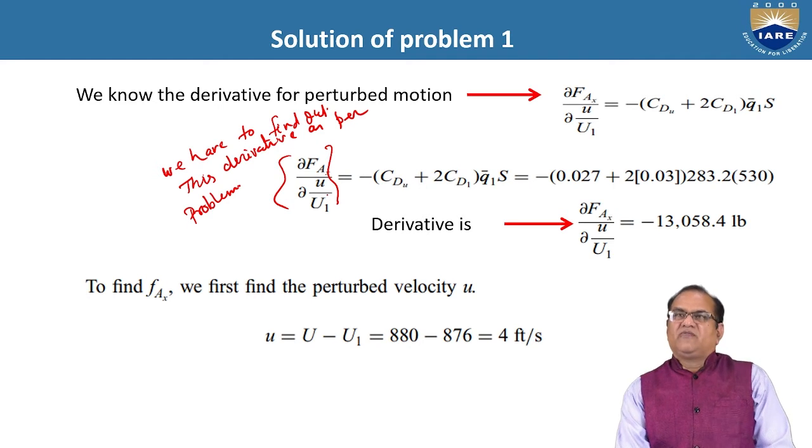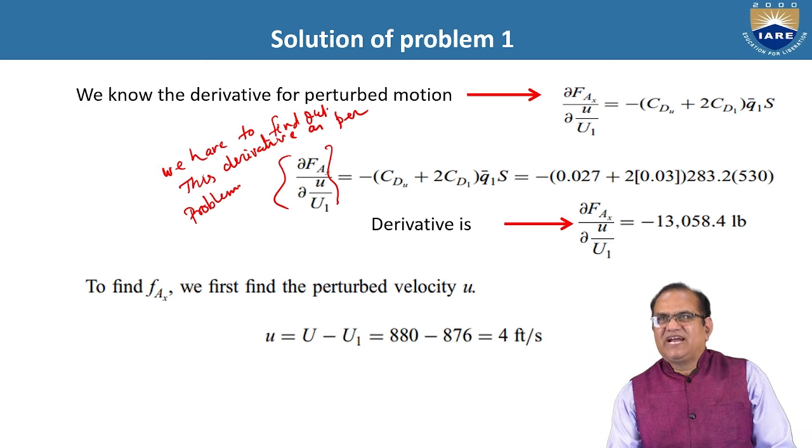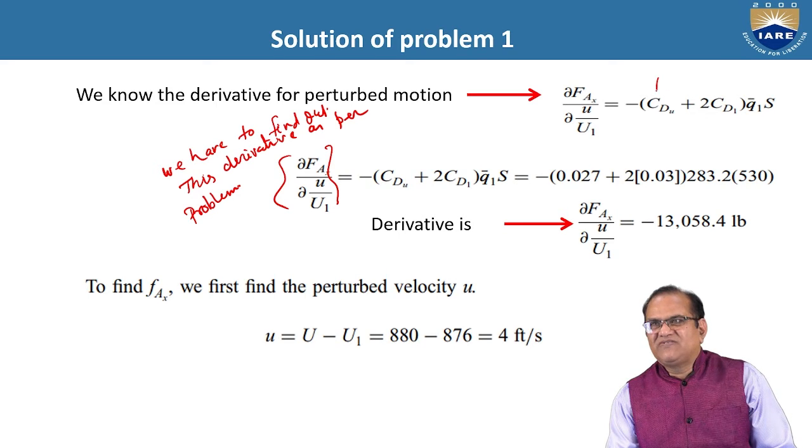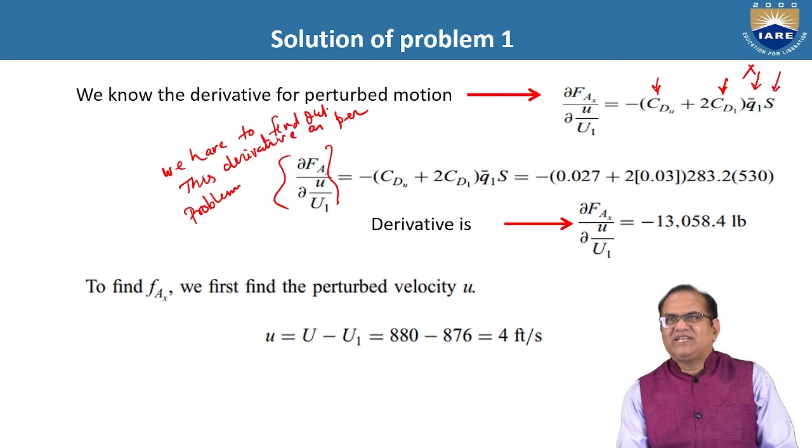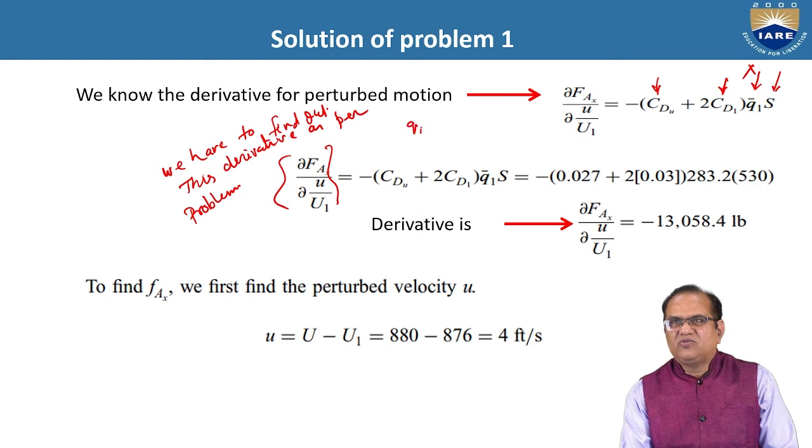So we know from this equation that ∂Fax/∂(u/u1) is equal to minus CDu plus 2CD1 q1 S. CDu is given, CD1 is given, q1 is not given directly, area is given. So what is q1? q1 is equal to half rho u1 square.